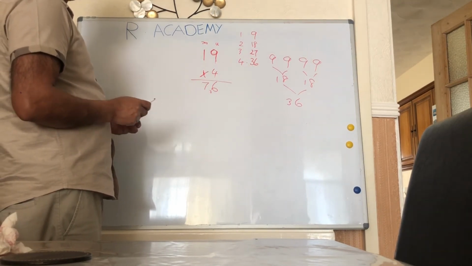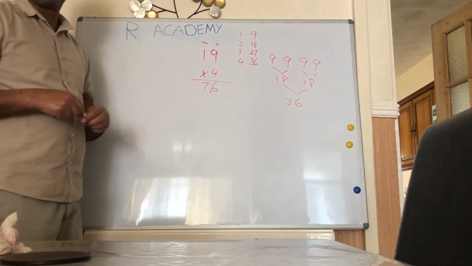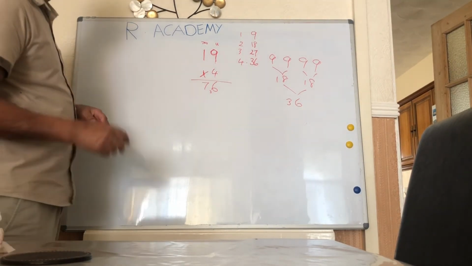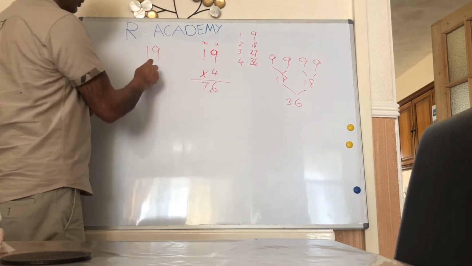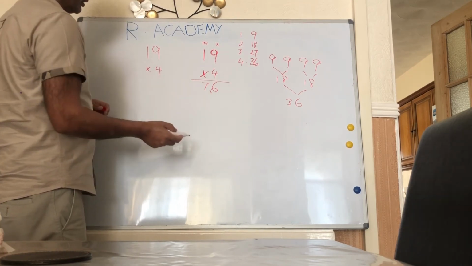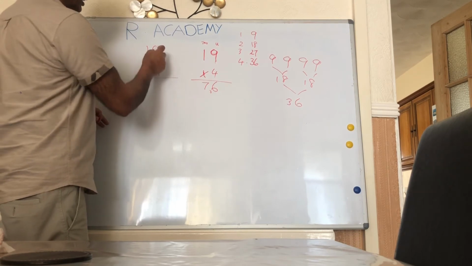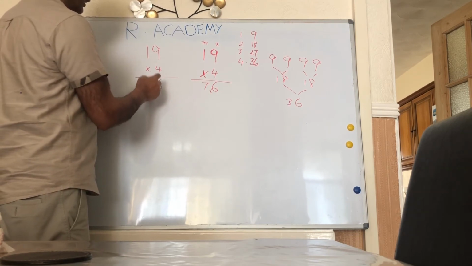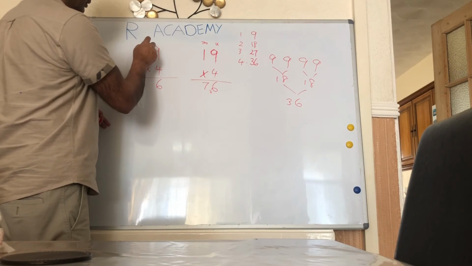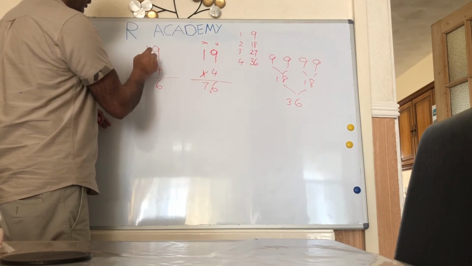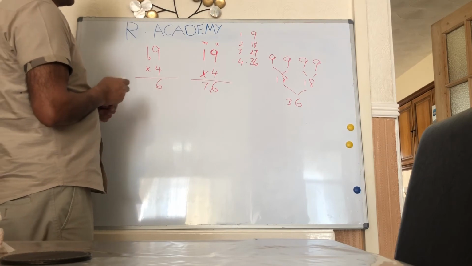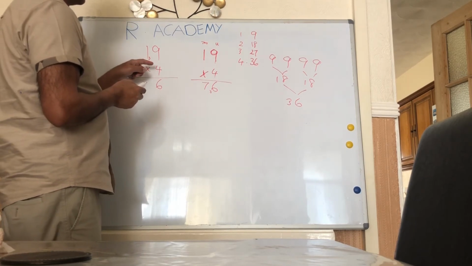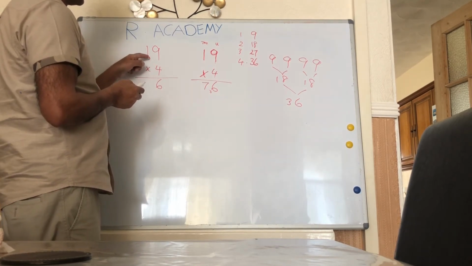There is another way of working it out, which some people do. I'll show you the other way. It'd be the same, like 19 times 4, say. But they would do 4 times 9 is 36, and they put the 3 up here. Like that. Okay? So then you'd have to do 4 times 1 plus 3.